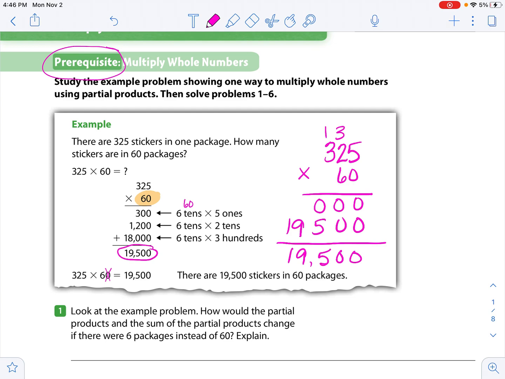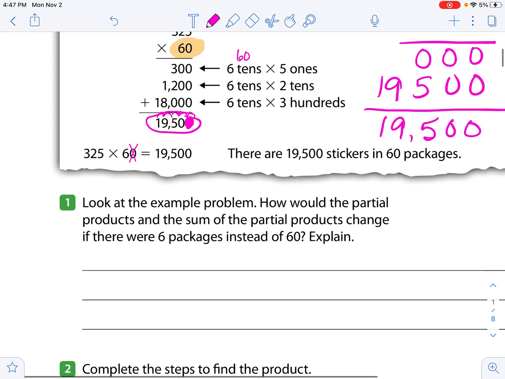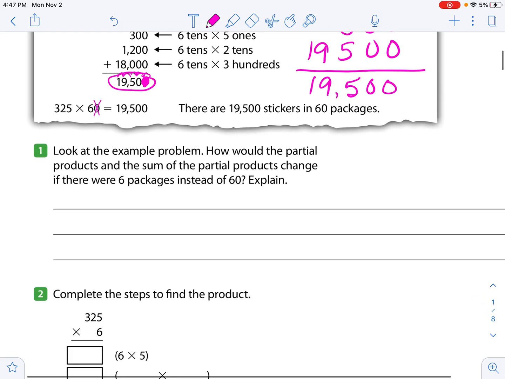So realistically, every single one of these would shift over one place. So instead of it being 19,500, we would be eliminating a place because every single one of those numbers would shift over one smaller place, okay?